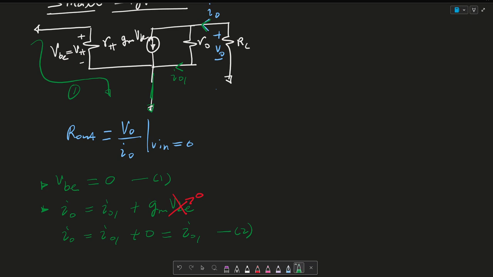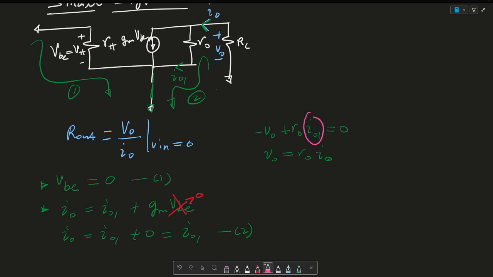And then the last equation I'm going to write is an equation, or KVL, at this loop. And I'm going to say that minus VO plus ROIO1 has to equate to 0. And VO is equals to ROIO, because, again, I'm moving this to the right-hand side, so it becomes positive.